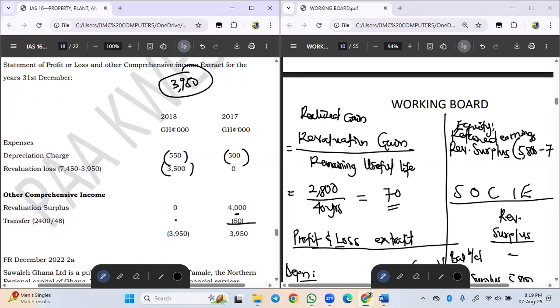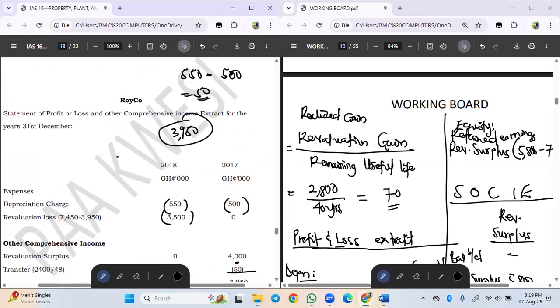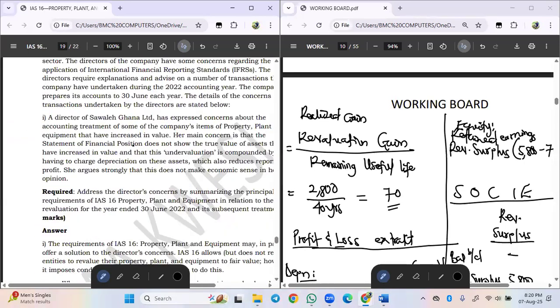It's in the notes, so when you read the note I sent, you will see. This one, they just ask for the P&L extract. If they added the statement of financial position, you know how to do that. And mind you, there will be retained earnings of 50.